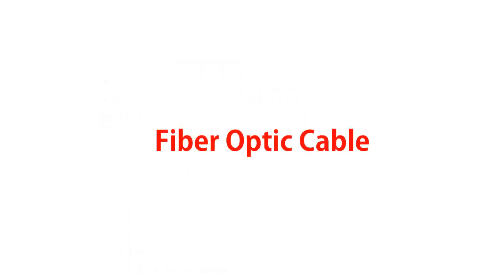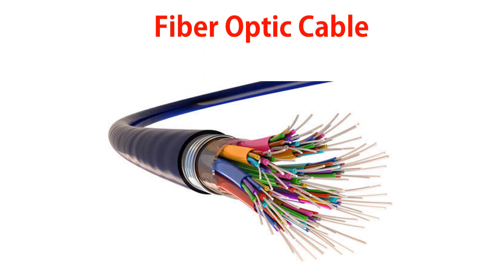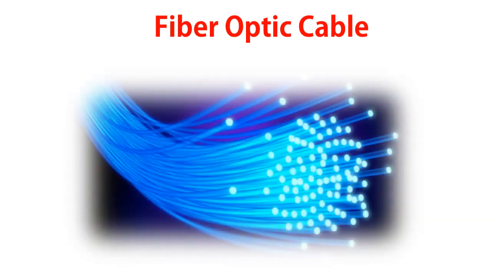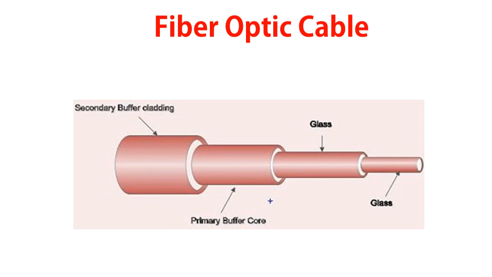Fiber optic cable. Let us discuss fiber optic cables. It is also known as optical fiber cable. It contains one or more optical fibers that are used to carry light, and it has a center glass core surrounded by multiple layers of protective materials.